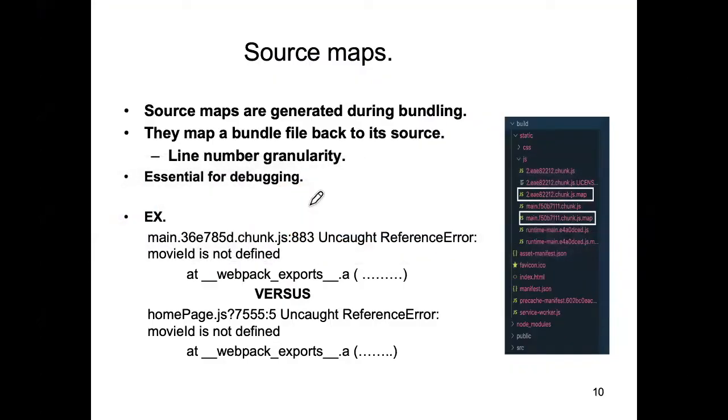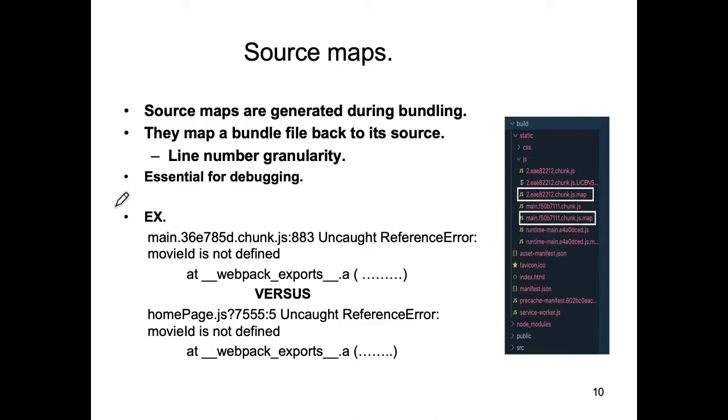Source maps are maps that map a line from a bundle back to a particular line in a particular source code file, essentially. And Webpack generates these map files for us. We could spend a lot of time looking at the structure of a map file, but we certainly don't need to do that. There is never a reason for us to understand the structure of these map files. All we need to be aware of is what their purpose is.